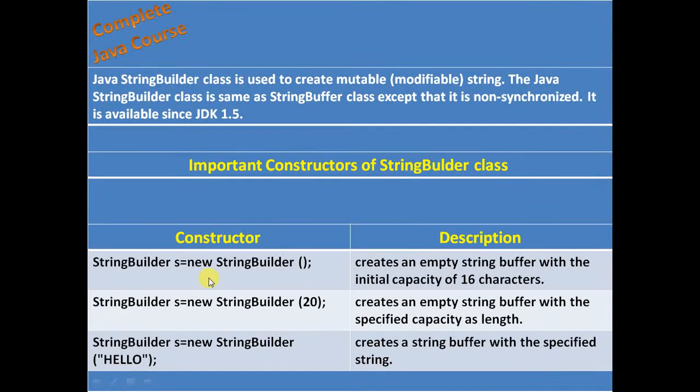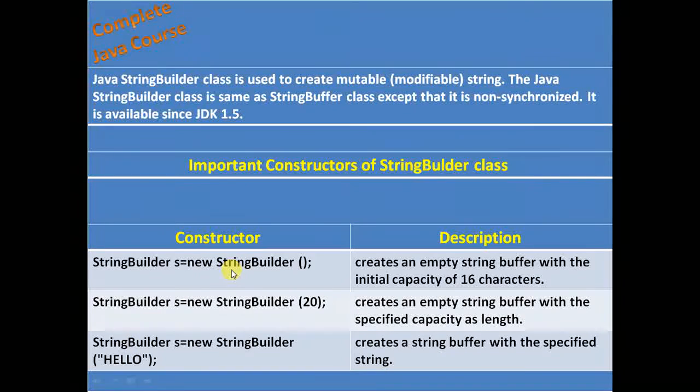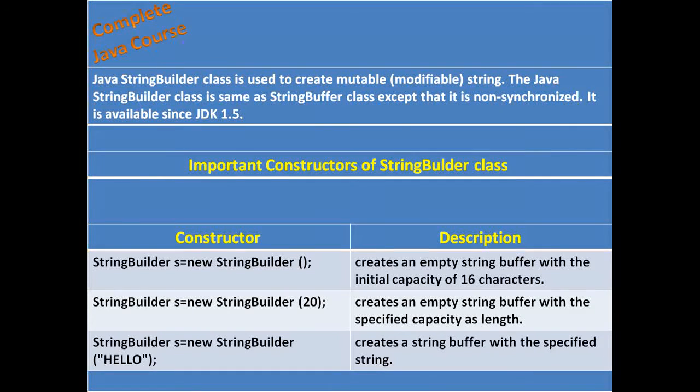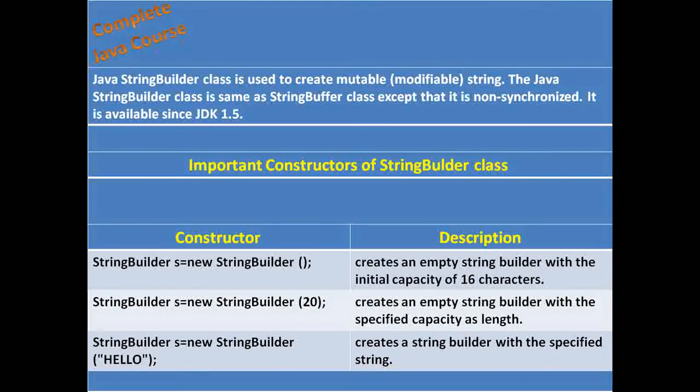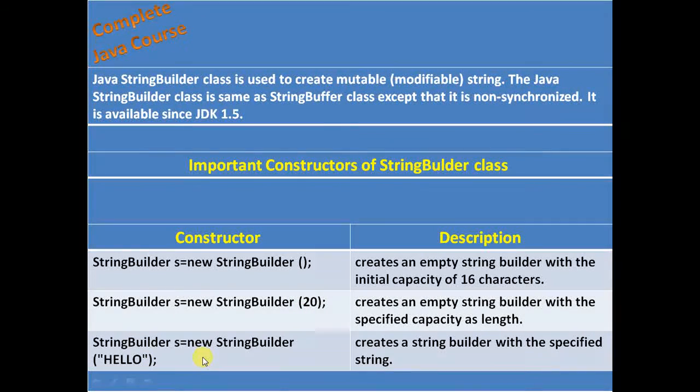Here you can create a StringBuilder object with the help of three constructors. The first one is the default constructor, which creates an empty StringBuilder object with the initial capacity of 16 characters. The second constructor creates a StringBuilder with the specified capacity, and the third constructor is used to create a StringBuilder with the specified string.